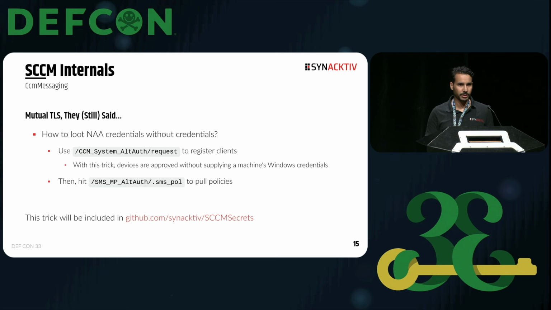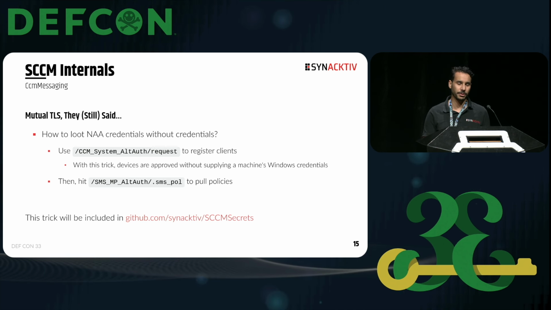So how can you leverage this bypass to do some nasty things on SCCM? In fact, you can loot NAA credentials without having Windows credentials on the network. A well-known technique to harvest NAA credentials is to register a fake client when you have Windows credentials for a machine account.